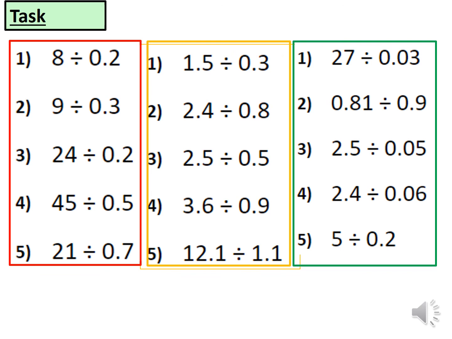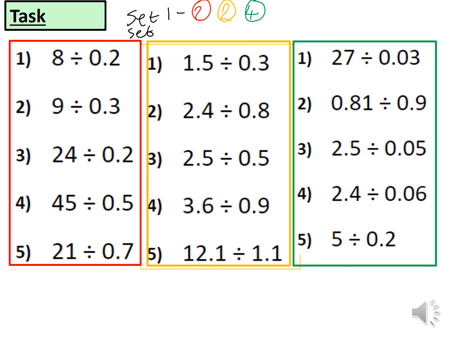We have now come on to the main task. Sets 1, 2 and 3, I would like you to do 2 from red, 2 from amber and 4 from green.